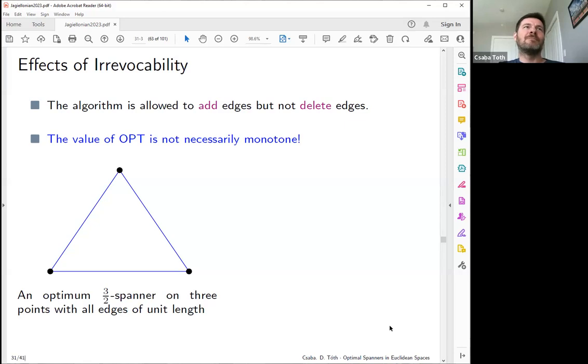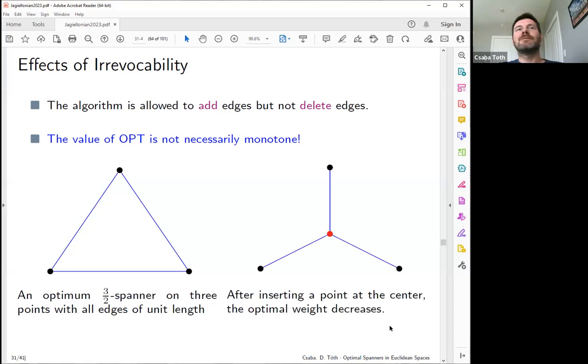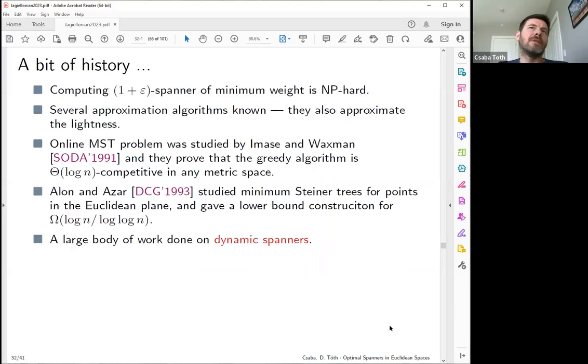It's related to Steiner points, but it's without Steiner points. So it's possible that a new point arrives and the weight of the optimum goes down. This is one example. The relation to Steiner points is that if the Steiner spanner has lower weight, then the adversary could just add the Steiner points, and then the weight goes down.